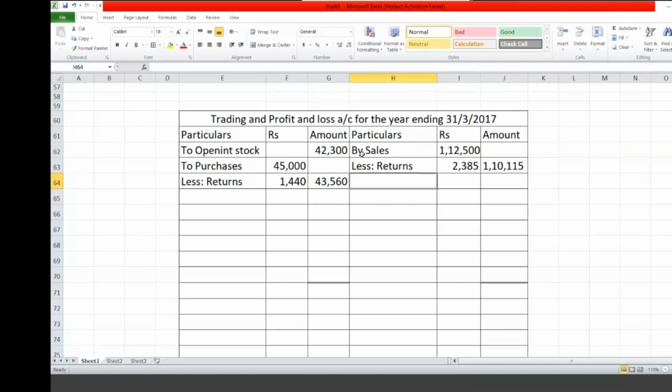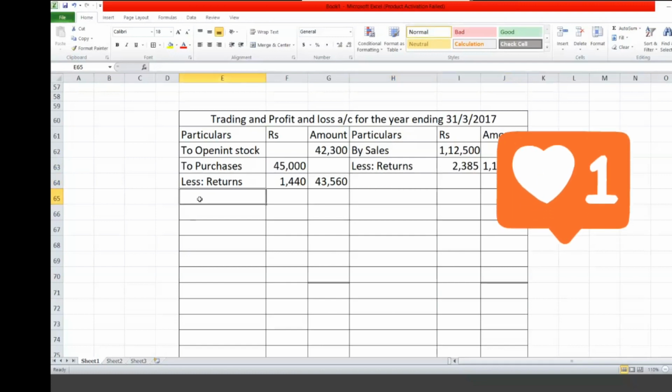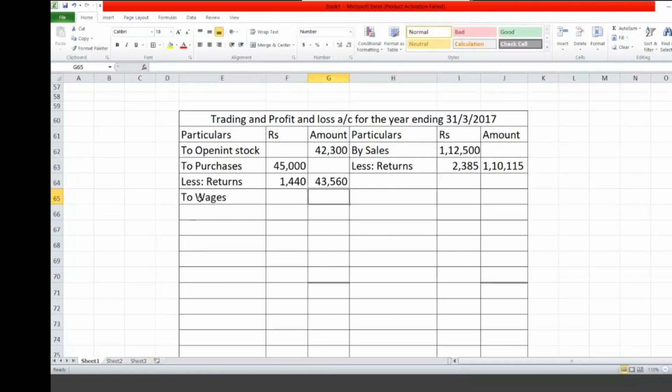Now, what else do we have? Wages are there. So write down to wages, 13,915. Check the adjustment. Is there any adjustment for wages? There is no adjustment, I guess. So write down directly to wages, 13,915. Outstanding wages are there.